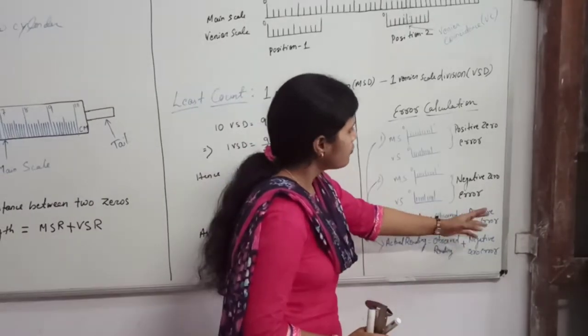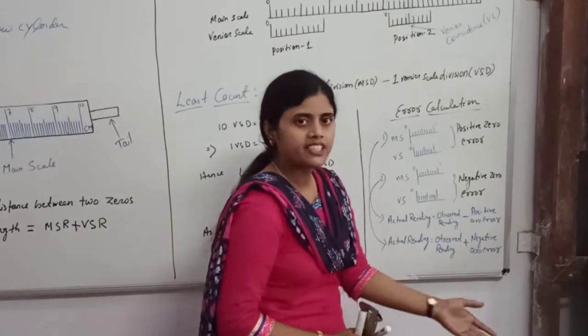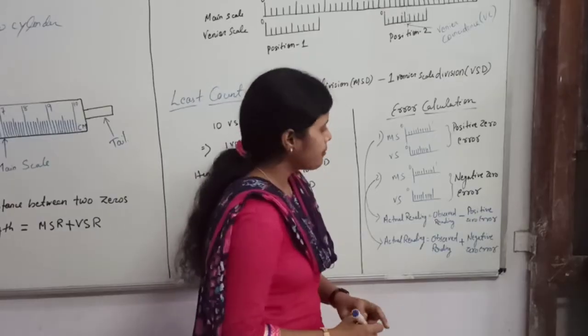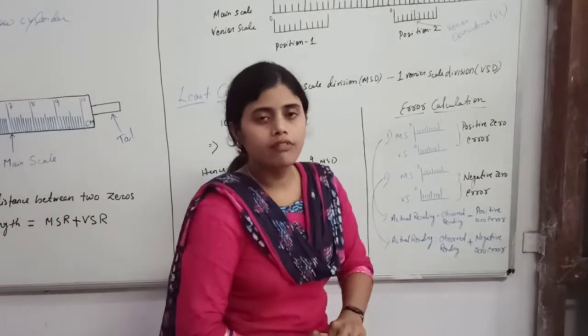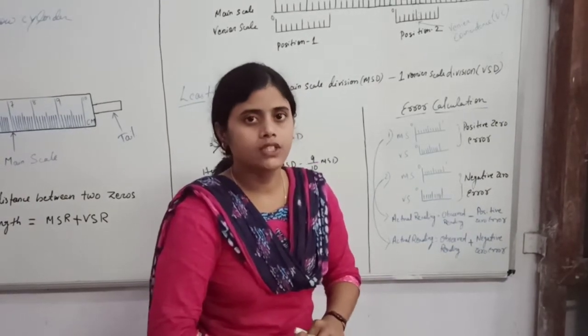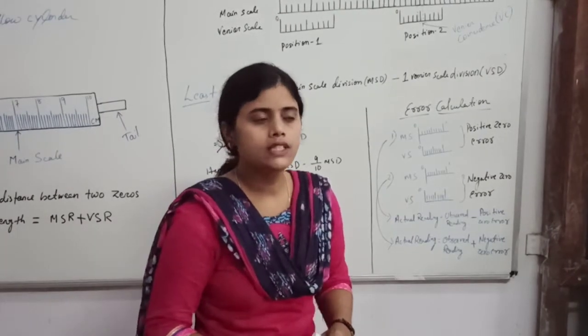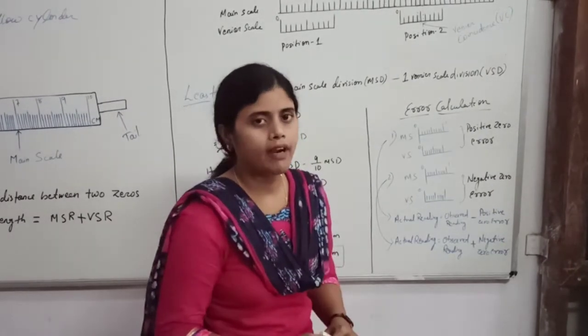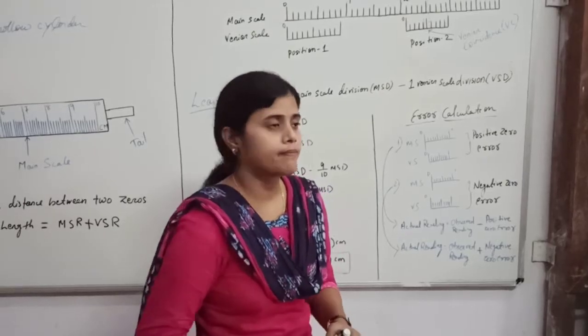Now how will we calculate this error? The formula is very simple. The error can be calculated by multiplying the least count with the vernier coincidence. I will tell you more about the vernier coincidence, then I will tell you how to find the error, and also how to find the vernier scale reading.